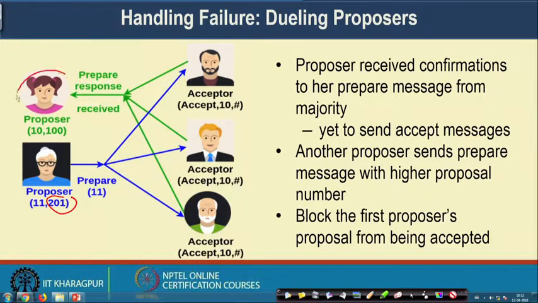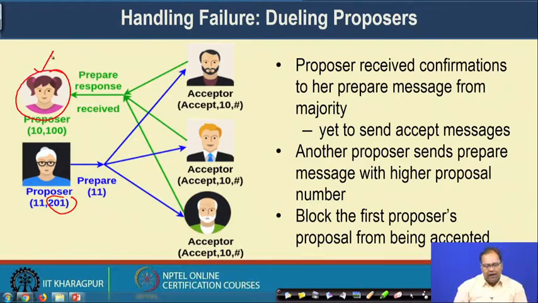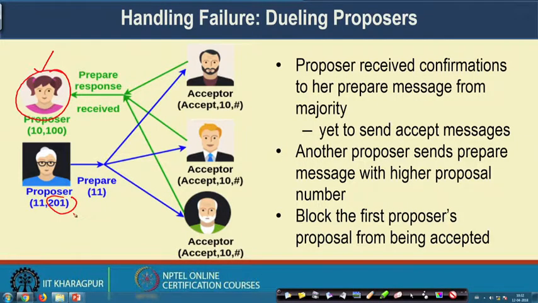Now, assume that proposer 1 is an attacker, and the moment she sees a proposal with a higher proposal number, she sends another proposal with an even higher proposal number. Whenever she hears that proposer 2 has sent a proposal with proposal number 201, she sends another proposal with 301. That way, there can be a kind of dueling among the individual proposers, and you may not reach a consensus.